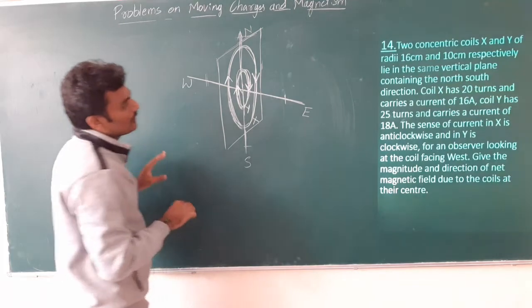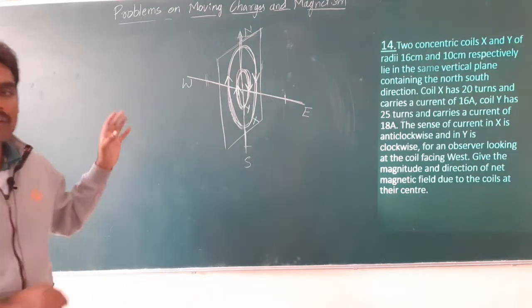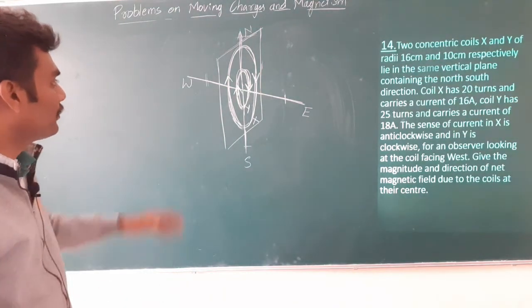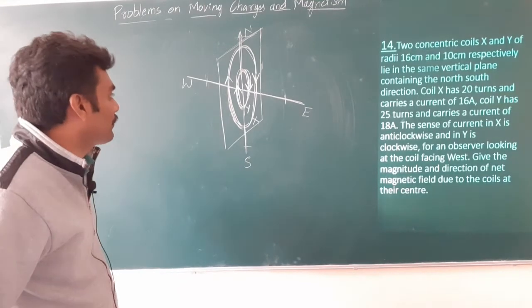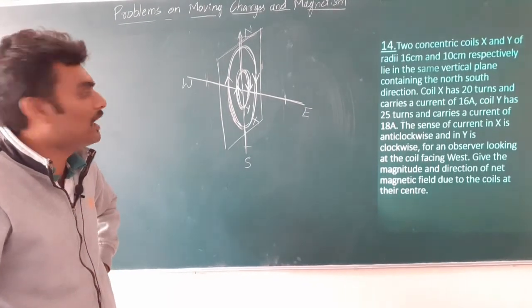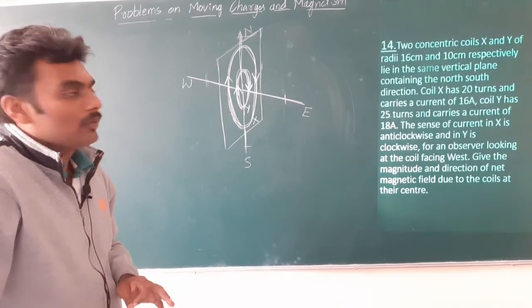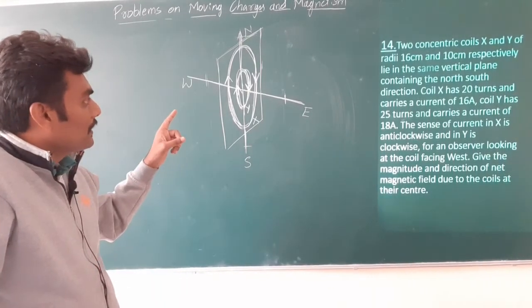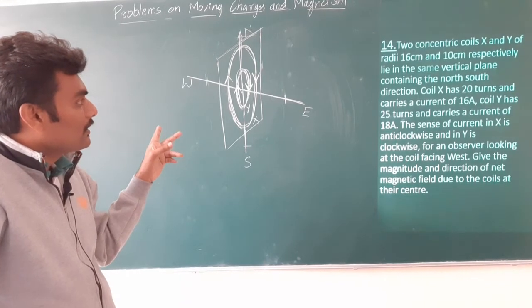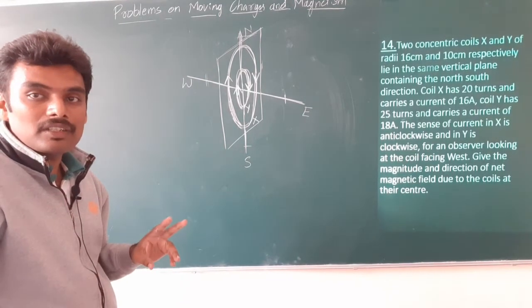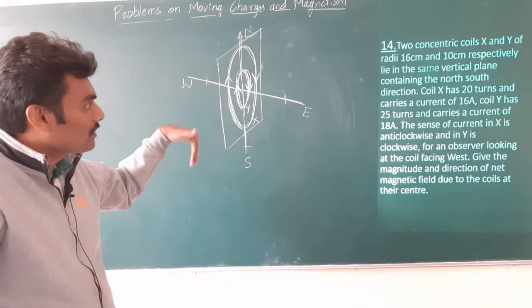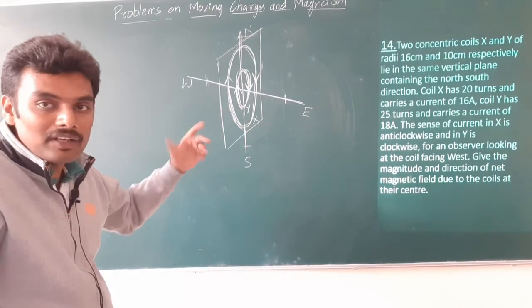Okay, so here, where is the observer? In which direction is the observer standing? All those things don't matter. The important thing that one should keep in mind is that the current in the coils is opposite in direction, isn't it? One has clockwise, the other has anti-clockwise.